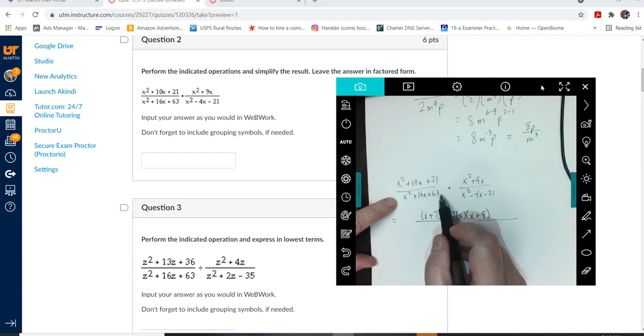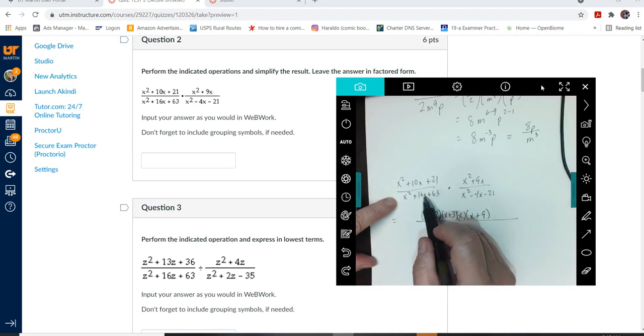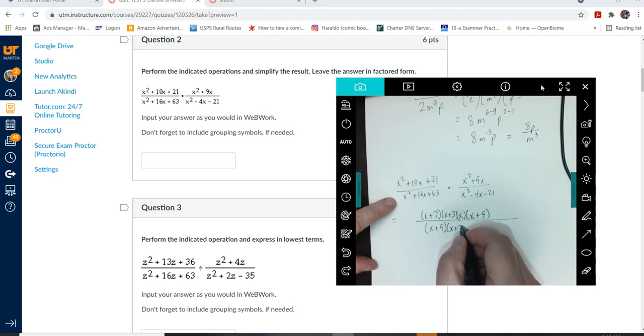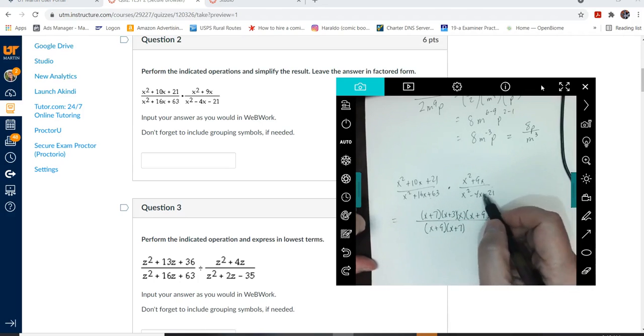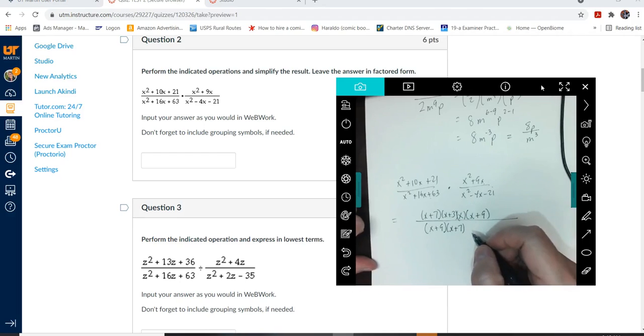Two numbers that multiply together to give me 63, but add up together to give me 16. That would be 9 and 7. And two numbers that multiply together to give me negative 21, but add up together to give me negative 4. That would be negative 7 and positive 3.